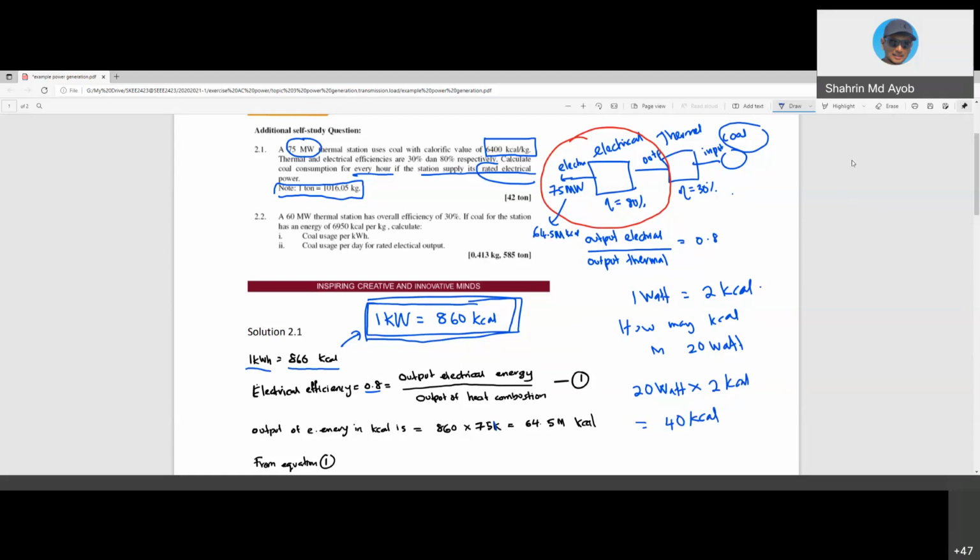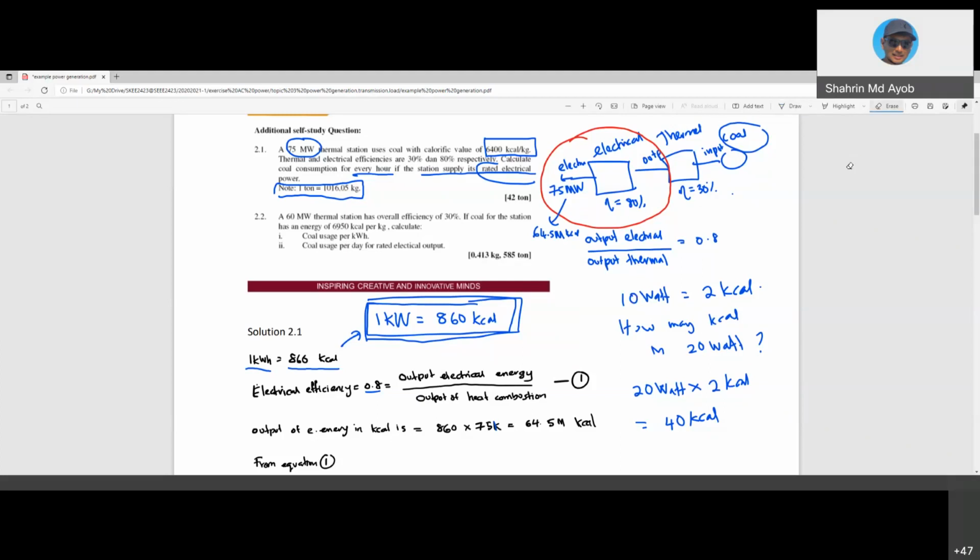So I hope you got this one. 1 watt is 2 calories, so how many calorie in 20 watt? You simply multiply 20 watt with 2 calories and obtain 40 calorie. But what if the information here is 10 watt is equal to 2 calorie?